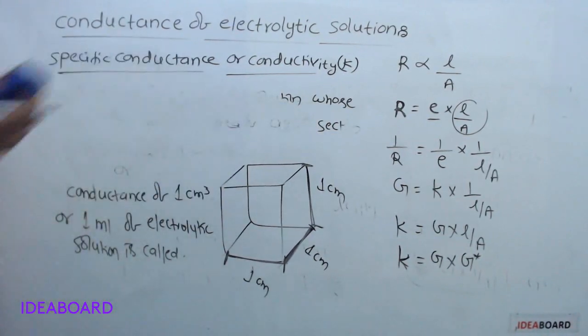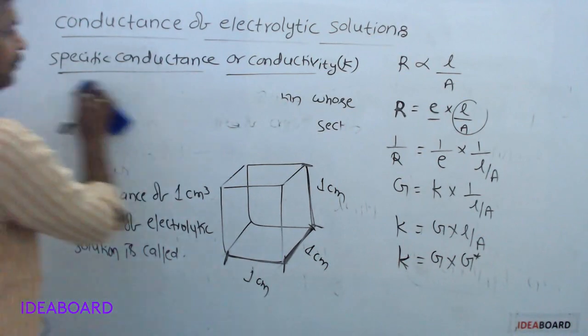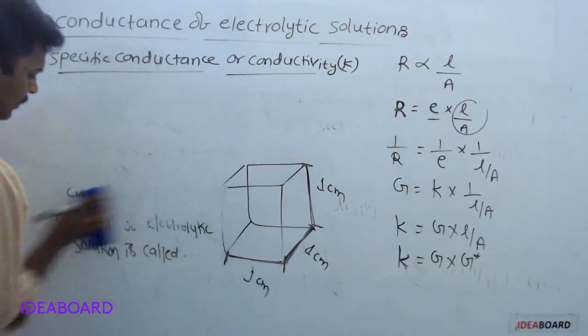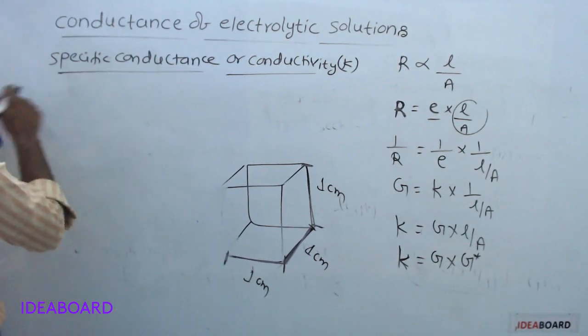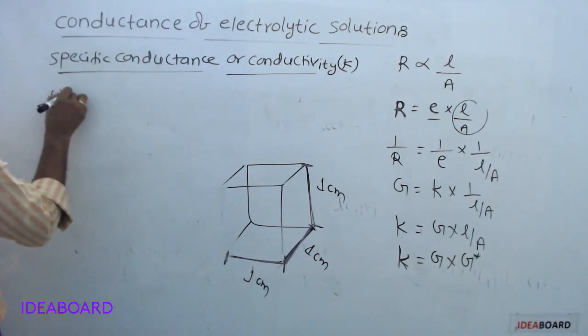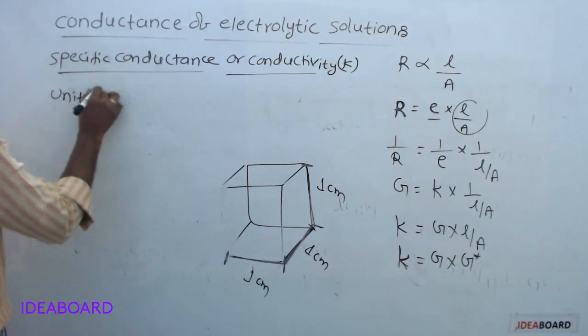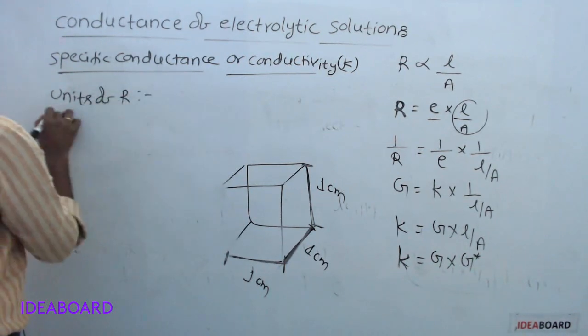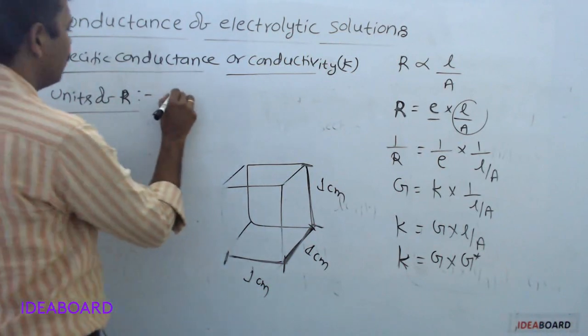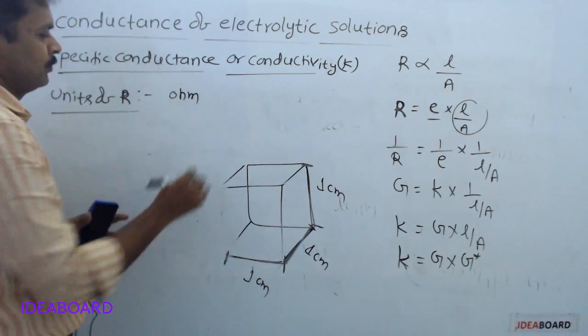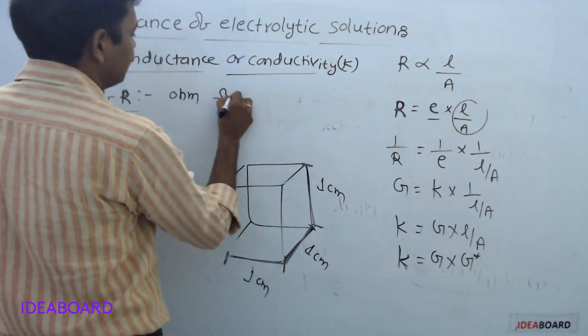Next, units of all these: resistance, specific resistance, conductance, and specific conductance. Units of R. R is resistance. Resistance units: ohm. It is denoted by this symbol.